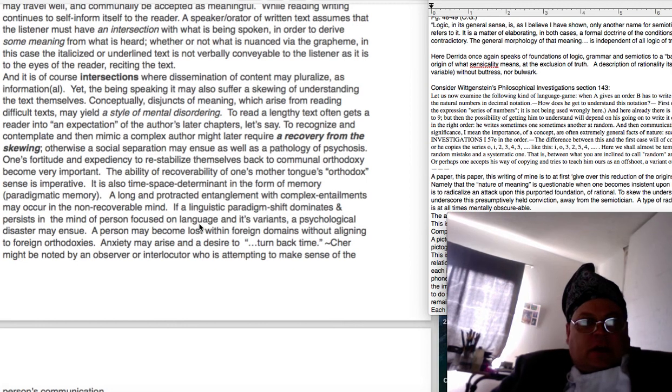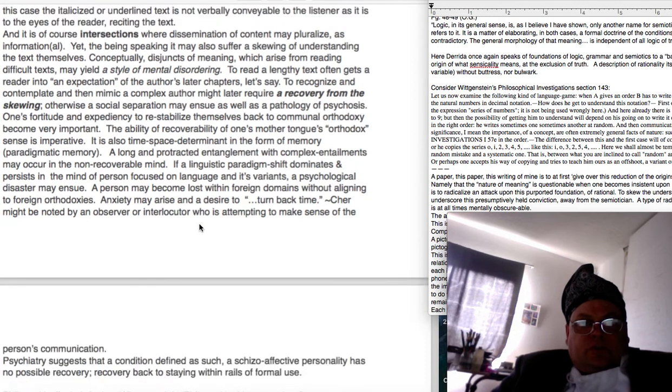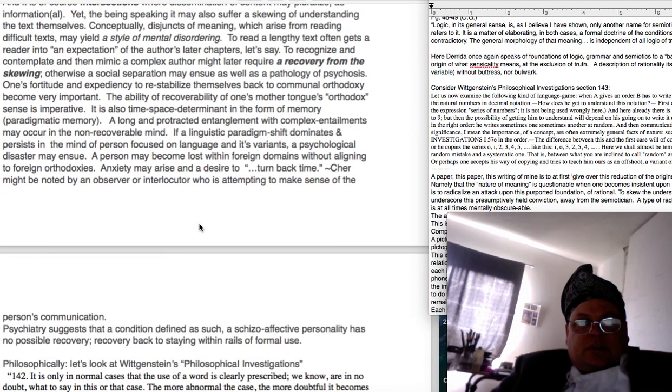Let's say, to recognize and contemplate and then mimic a complex author might later require a recovery from the skewing. Otherwise, a social separation may ensue, as well as a pathology of psychosis.